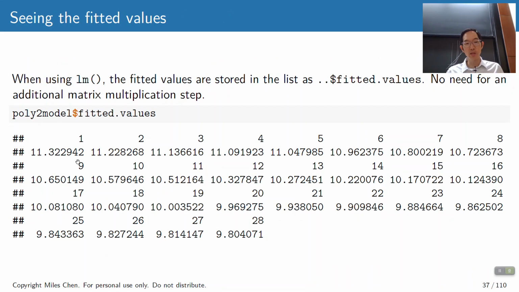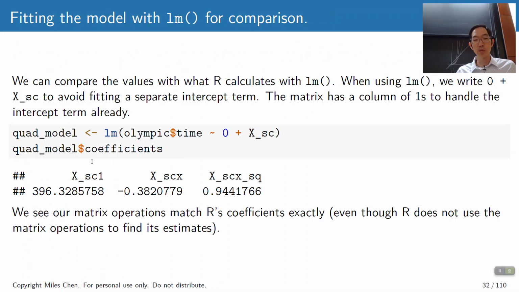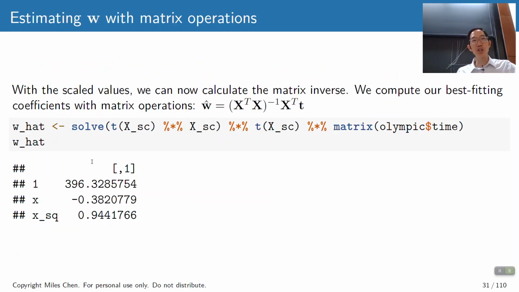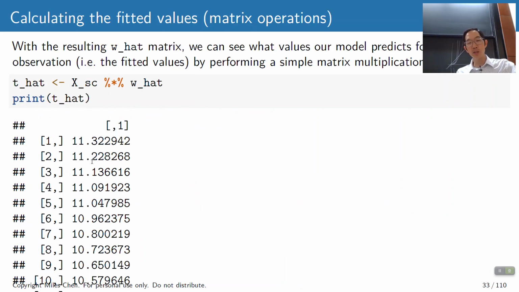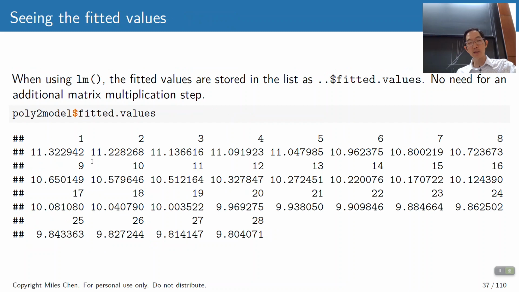So if you look at these fitted values, 11.322, 11.228, and I go back to the values that we fitted, 11.322, 11.228, they're exactly the same. So when we fit this using my X transpose X inverse, even though I scaled it, these are our predicted values. And here I'm fitting it using poly, and these are the predicted values. We're getting the exact same predicted values.